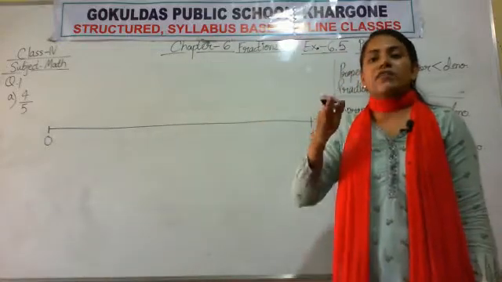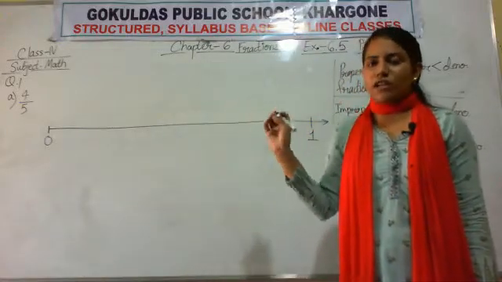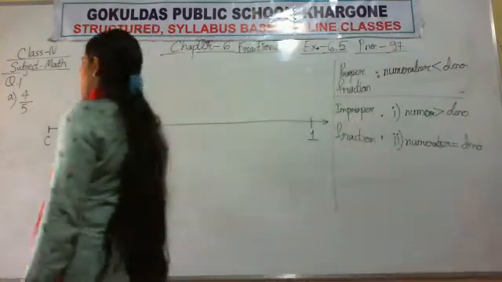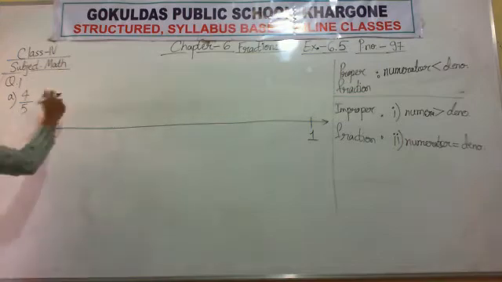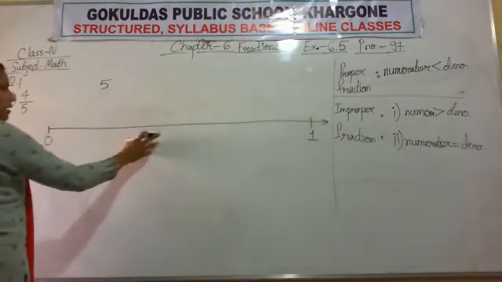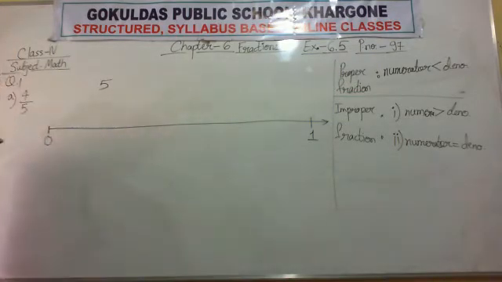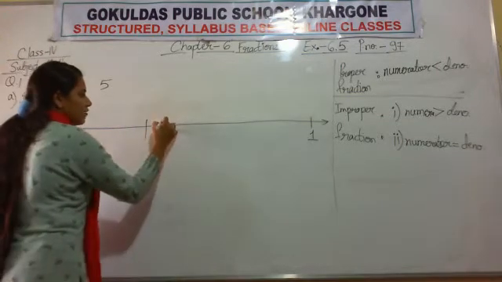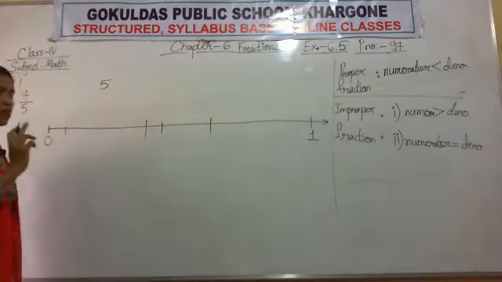Now make divisions according to your denominator. What is your denominator? Denominator is 5. So make 5 equal divisions. Not like this, one division here, one here, one here. No, it is a wrong way.